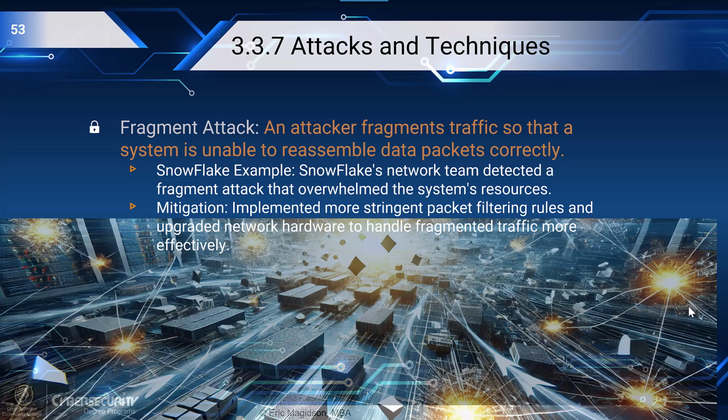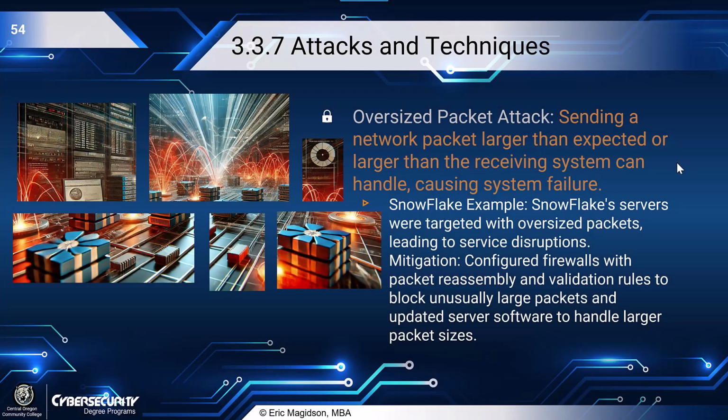Okay? So, Snowflake's network team detected a fragmented attack that overwhelmed their systems. How did they mitigate it? They did more stringent packet filtering. They defined some packet rules around fragmentation, and around what we're going to talk about next, oversized packets, etc. Right? Maybe upgraded hardware so that more analysis could be done.